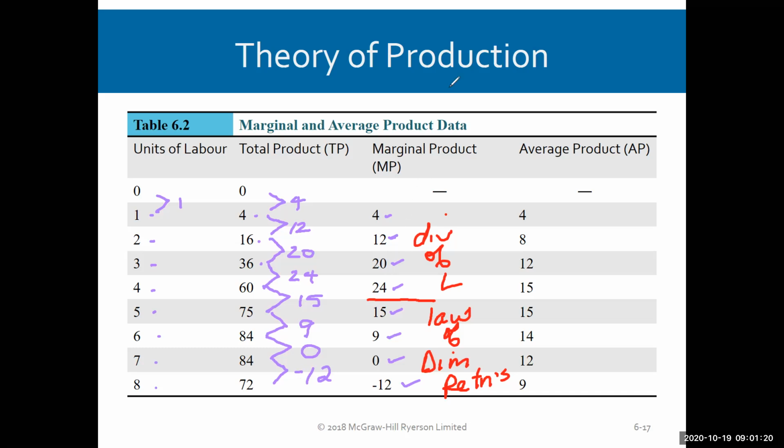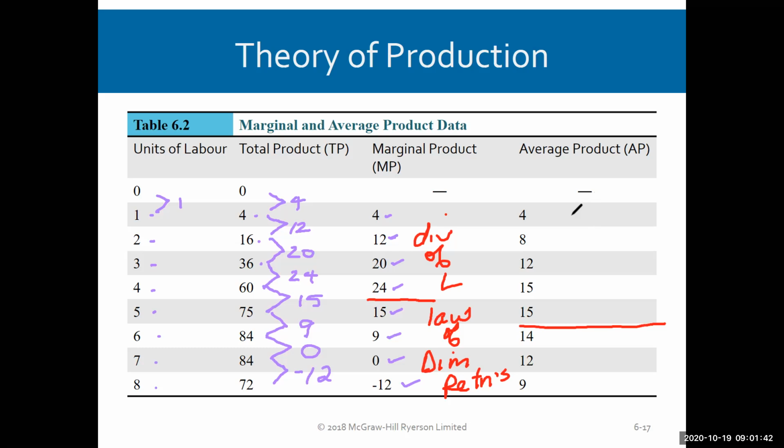Well, the same thing can happen or does happen for average product. We see as we hire more and more units of labor way over here, the average product rises to a point and then it starts falling from there. And that point is called the point of diminishing returns.